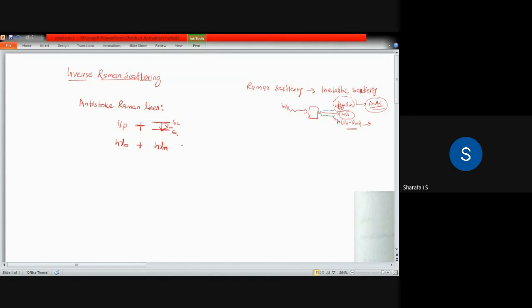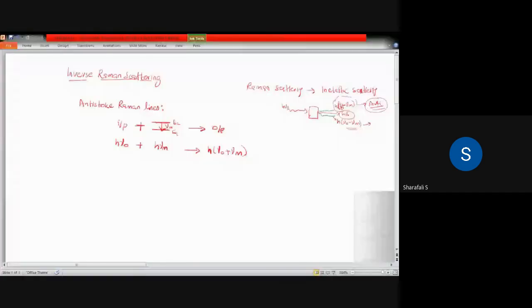The output will be h times nu 0 plus nu m. So this is the conventional Raman scattering process for the anti-Stokes line.